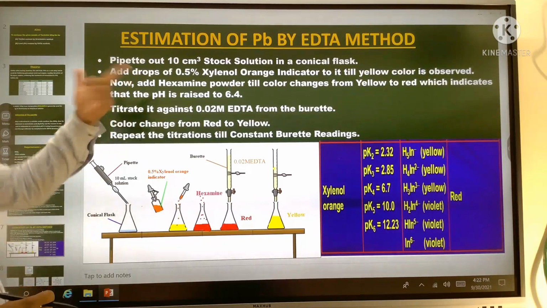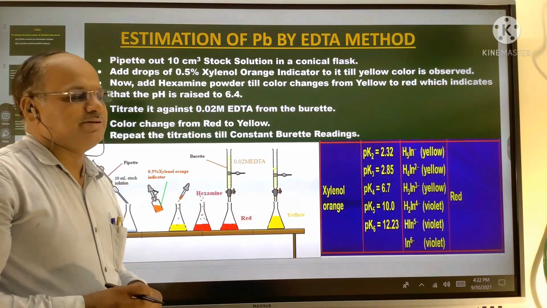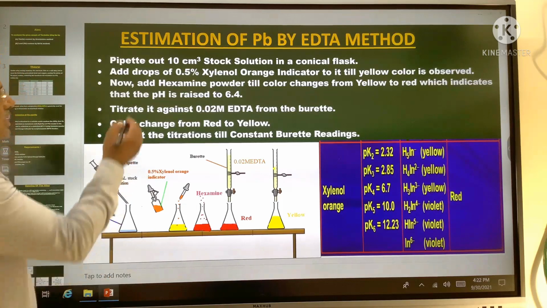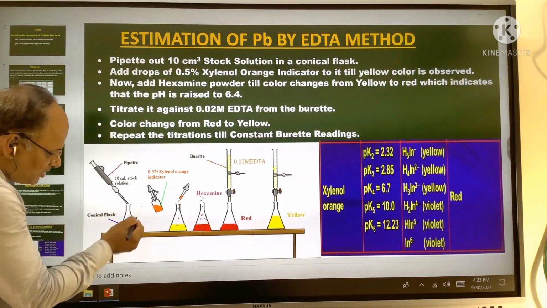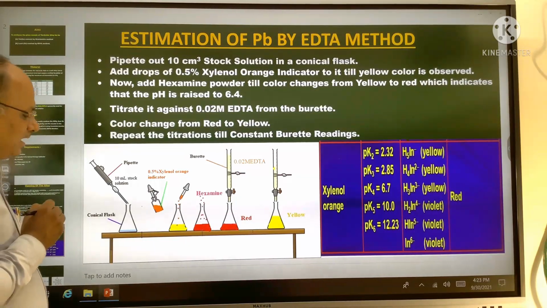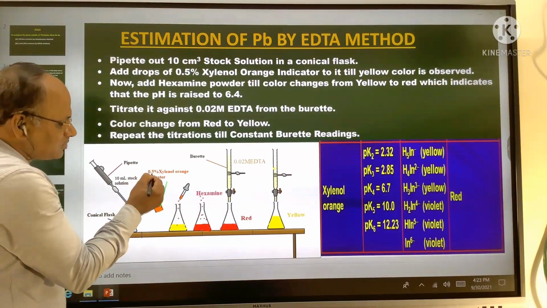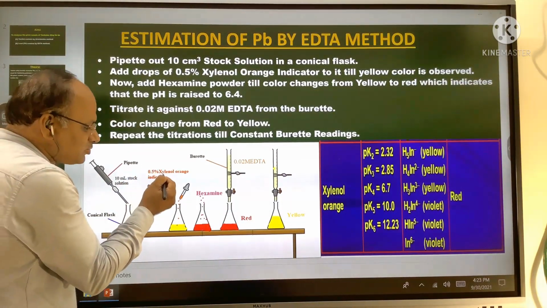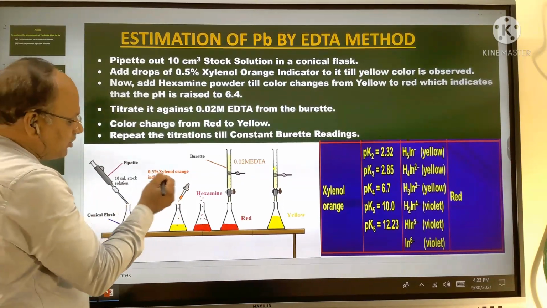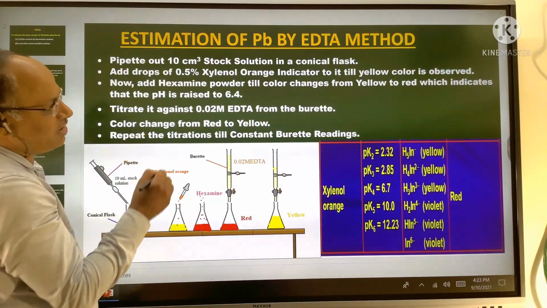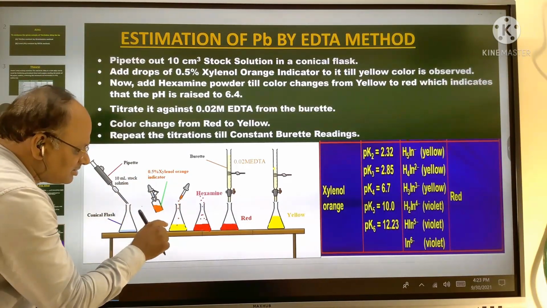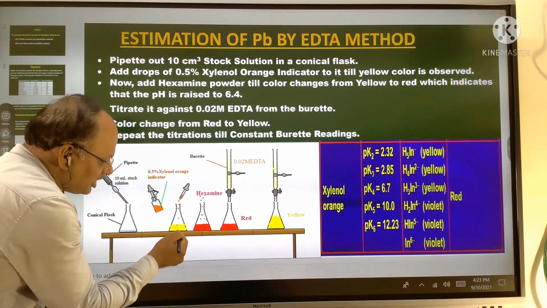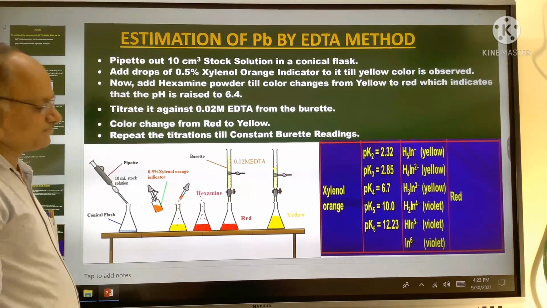Then estimation of the lead by EDTA method. Pipette out 10 ml of that stock solution in a conical flask. Then add 2 to 3 drops of xylenol orange indicator, till the solution becomes yellow in color.